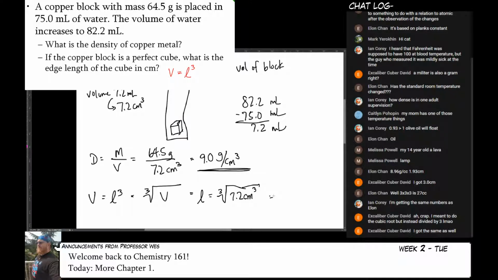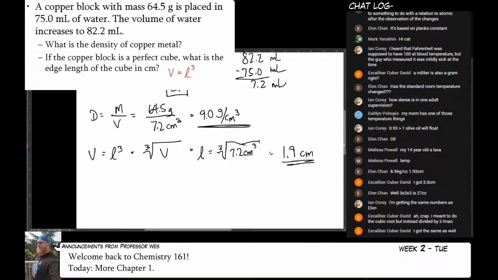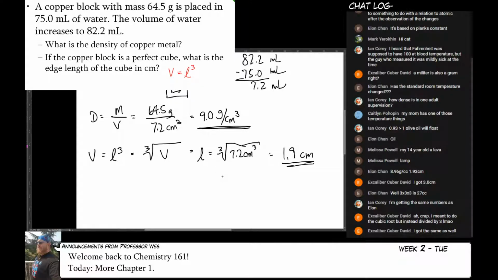Now, if you don't have a cubed root button on your calculator, or you just don't know where it is, this is the answer that I got. If you don't have this command, what you can also do is this. That's not a 3. There we go.